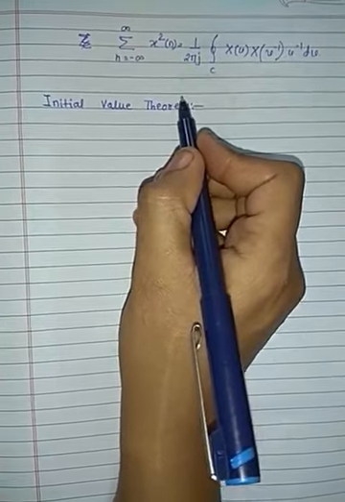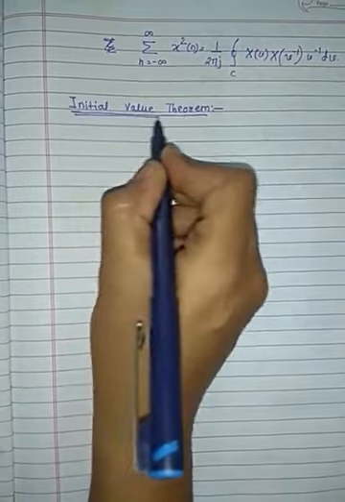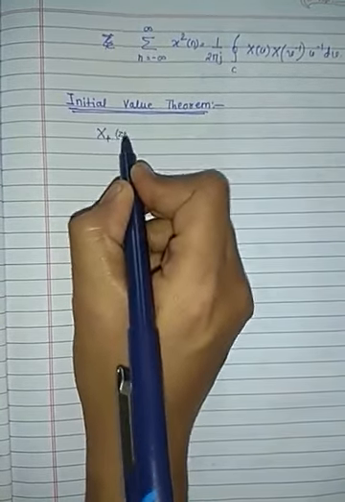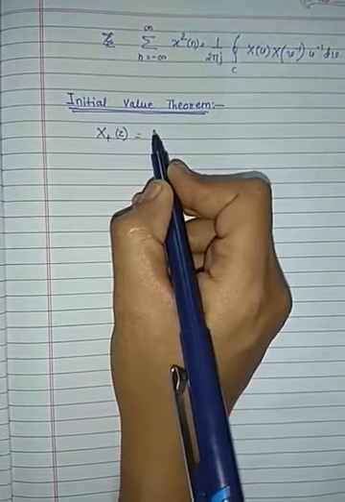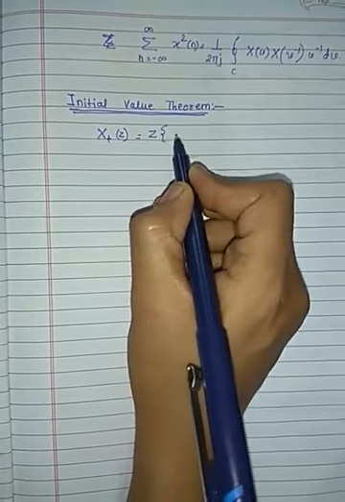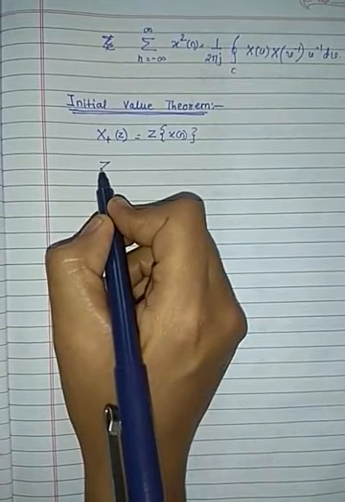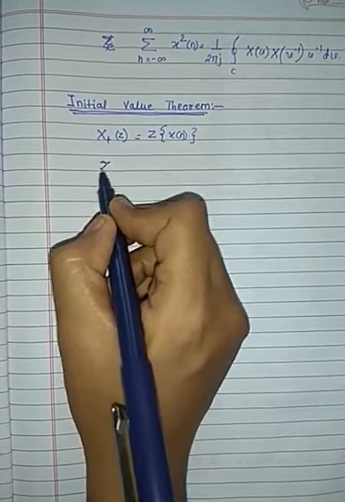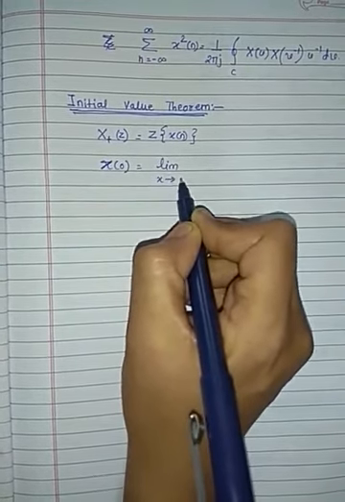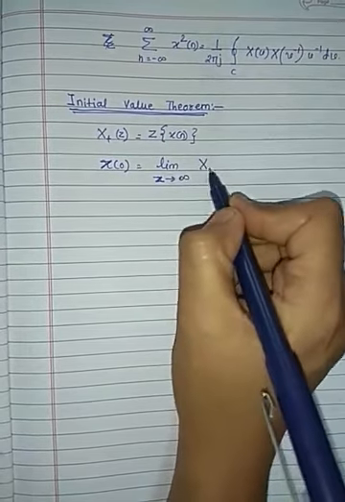Okay, initial value theorem. So what is this initial value theorem? If X plus of z, that is the z transform of the one-sided sequence, is given by the z transform of x of n, then x of 0 is equivalent to the limit as z tends to infinity of X plus of z.